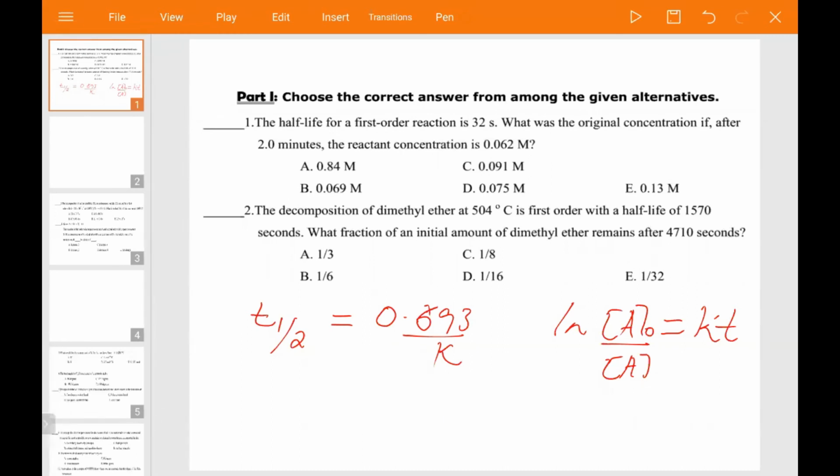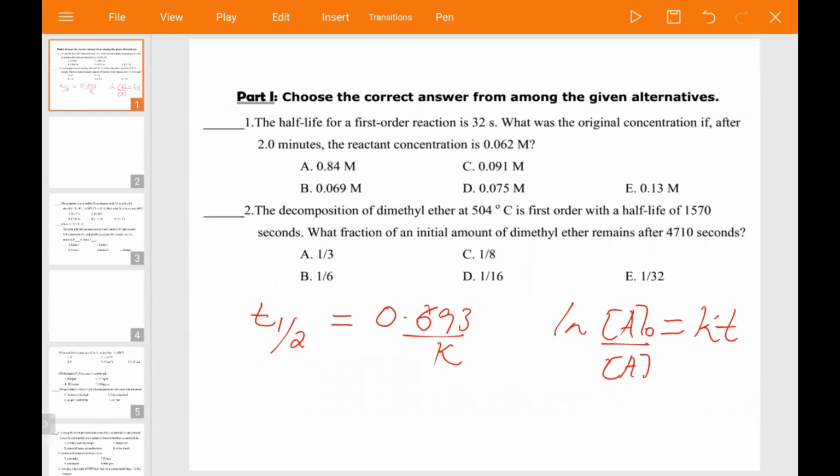Now here this T can be T half. When does T half occur? If A is half of A naught, because as you know, half-life means the time required to consume half of the initial concentration. The integrated equation can be at half-life or different from half-life.